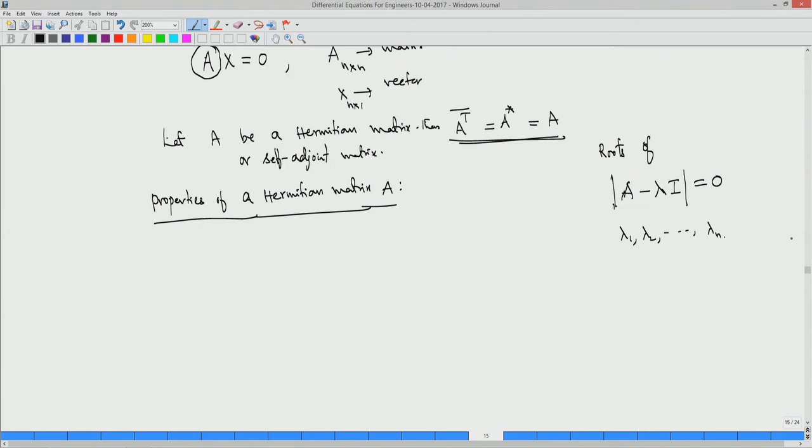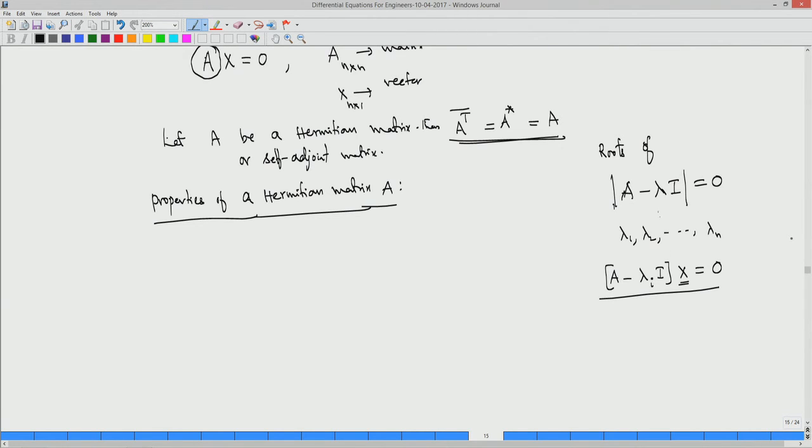These are the eigenvalues, because if you take any lambda i, the matrix A minus lambda i I times x equal to 0 will always have a non-zero solution, because the determinant is 0.